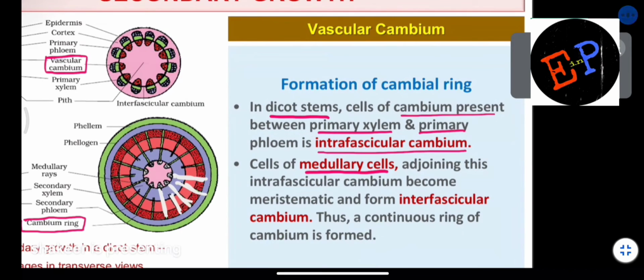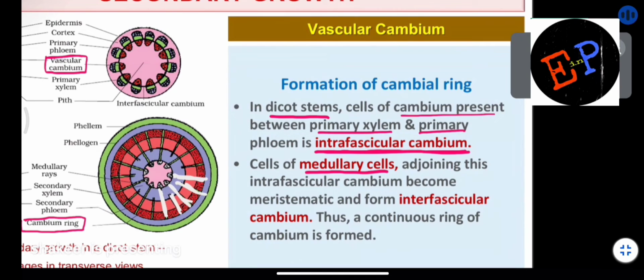So cambium previously was present only between xylem and phloem. That kind of cambium you can call intrafascicular cambium, when it was present in the form of patches. In the primary stem there are only patches. So that cambium you can call intrafascicular cambium.